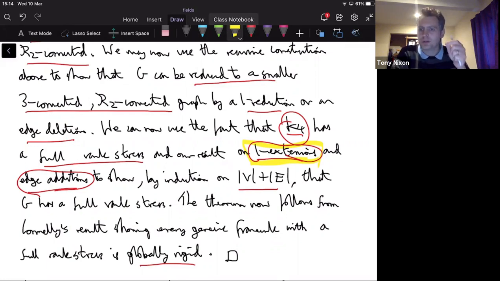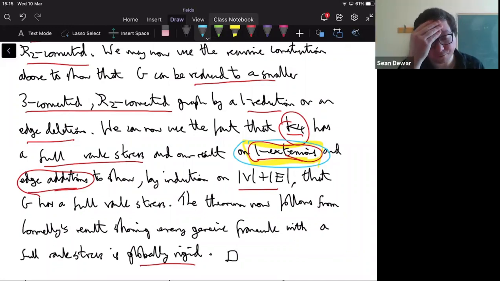In the lecture where I talked about one extensions preserving full rank stress, we had this result that, first of all, one extension preserves infinitesimal rigidity at a special position, collinear, and it also preserves full rank stress. And then you can perturb and preserve both properties as you move to a generic location. But more strongly than that, you can also show that all generic realizations will have a full rank stress as well. I think I must have forgotten that.